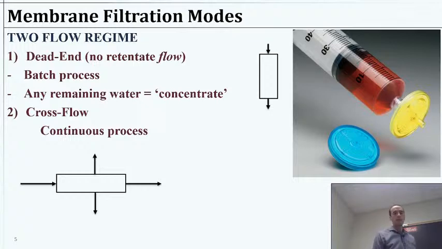Whatever remaining solution there would act as a concentrate. So you see in this photo, maybe they've already pushed some water through and they stopped there. You could remove the filter at that point and put that somewhere, and you've collected a concentrate, right? And then of course the cross flow. All right, so we've covered that by now.